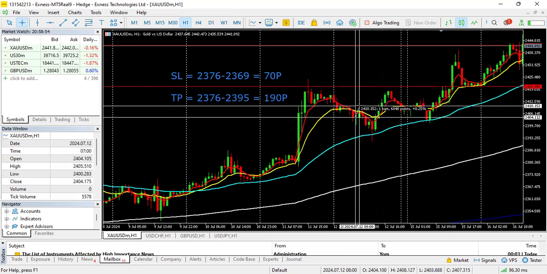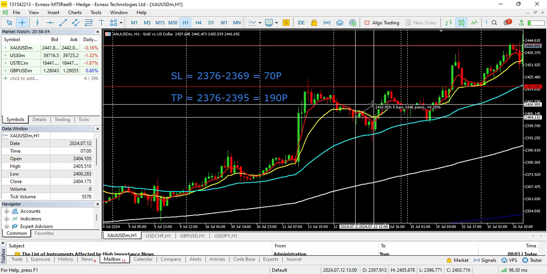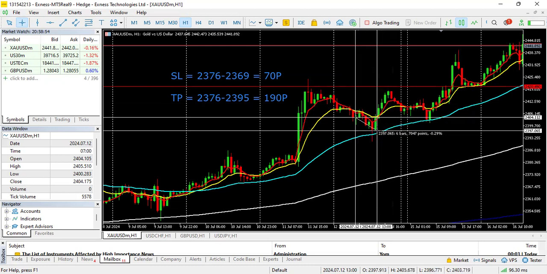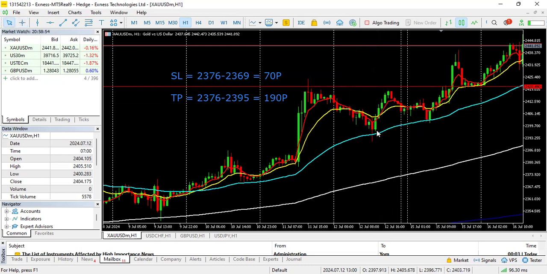Let's say you decide to put it here, which is not actually very advisable. 62 pips. So 62 pips to 88 pips. It's about 1:1. Yeah, it's more than 1:1, but personally, if I want to trade good, I'm looking at making at least 200 pips from the trade. So I would have ignored this.